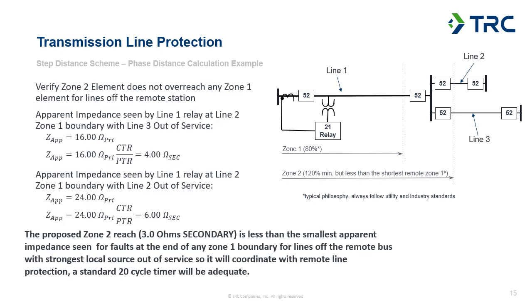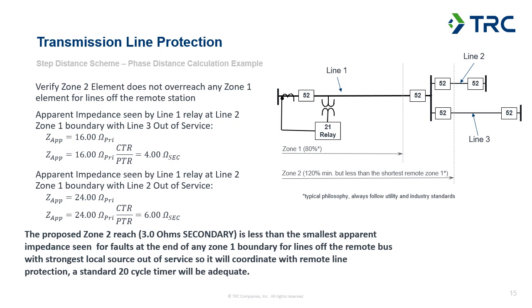Now that we've set our distance element reaches for our phase elements within our step distance scheme, we got to check a couple things to make sure that the relay is going to maintain reliability, both security and dependability, for all expected faults.